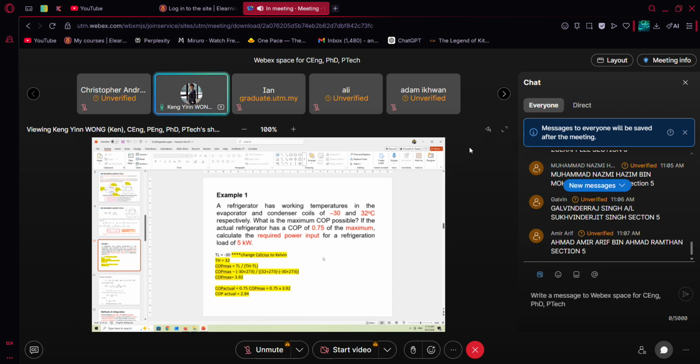So this is the COP actual, but what they want you to do is calculate the required power input, which means they want to know your W in. Remember the equation I just mentioned: COP equals QL divided by your W in.